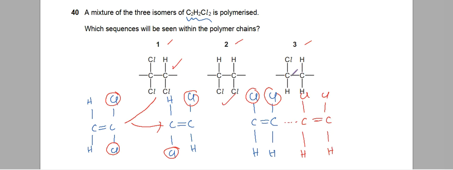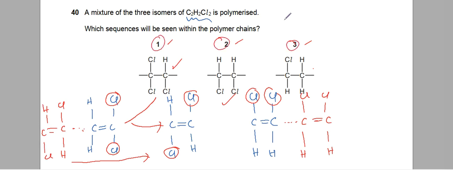When you have this one and join it together with another, for example this one here, it works. So all of them can be formed. So the answer is A here.